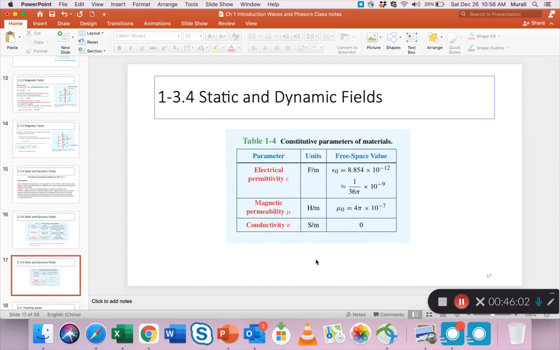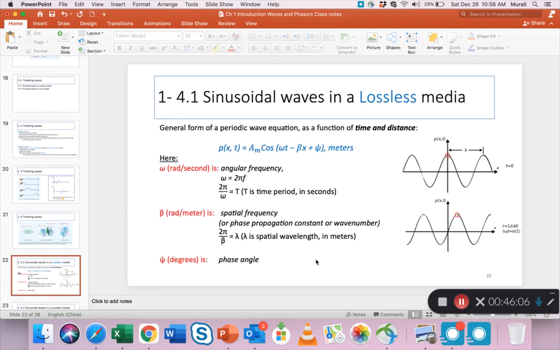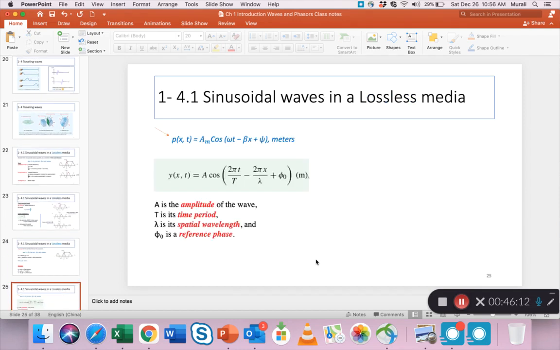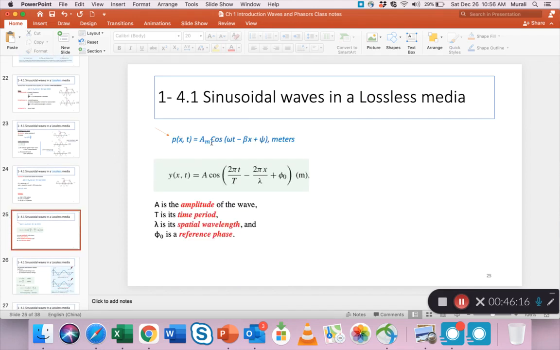Okay, and then of course we spent enough time on traveling waves and did some problems. So the important thing, if anything, that you should become familiar with and comfortable with is this fact that previously our sinusoid didn't have the second independent variable, distance or x. It just had one, which was time.